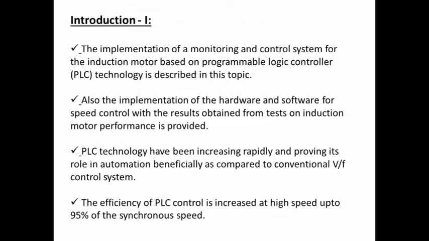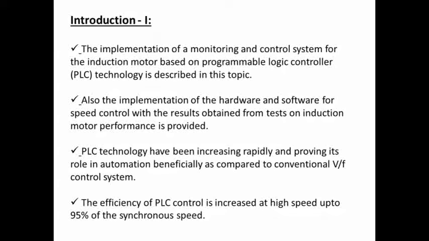So we are taking an example of the induction motor, or three-phase induction motor. The implementation of a monitoring and control system for this induction motor based on PLC technology is described in this topic. Also, the implementation of the hardware, which is nothing but the PLC, and software for the speed control technologies will be discussed here.